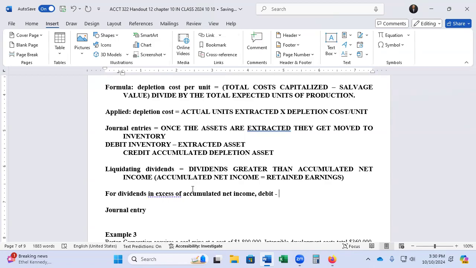Okay, and for dividends in excess of accumulated net income, you would debit retained earnings.